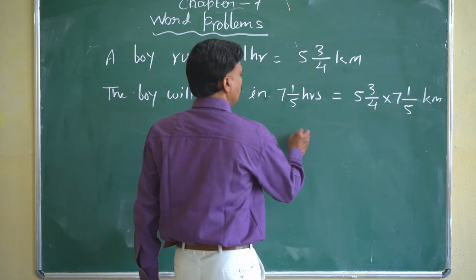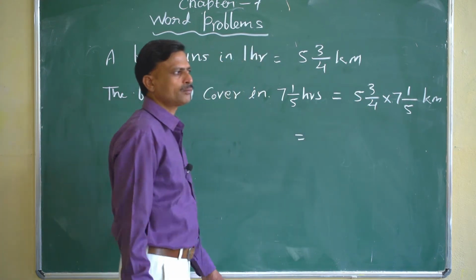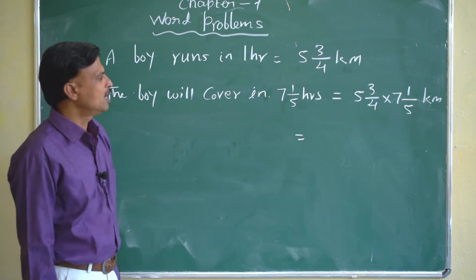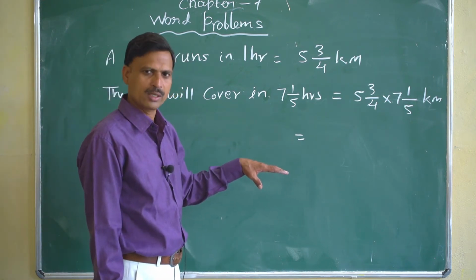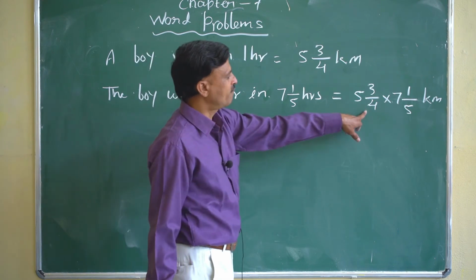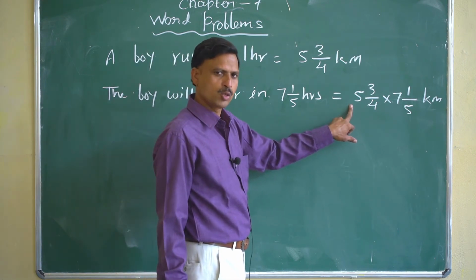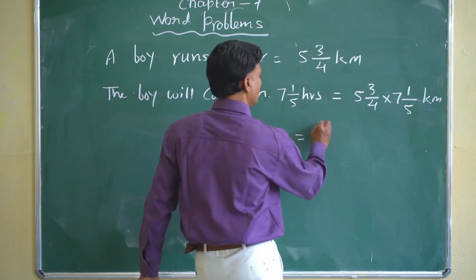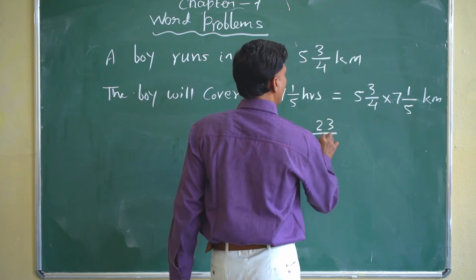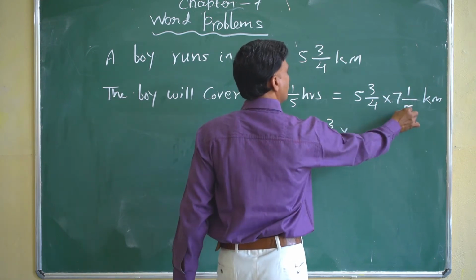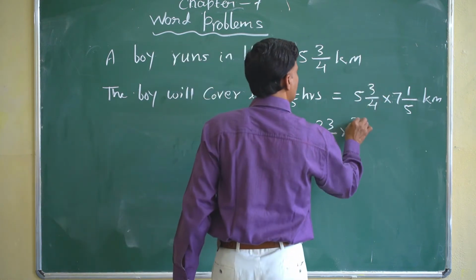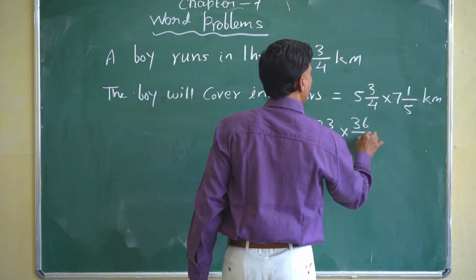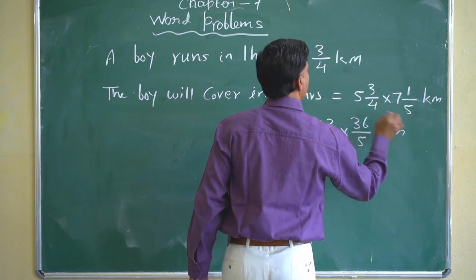Here both are mixed fractions, so we'll convert them into improper fractions and then calculate. 5 fours are 20 plus 3, that is 23 by 4, multiplied by 7: 5 sevens are 35 plus 1, 36 upon 5, and it is in kilometer.